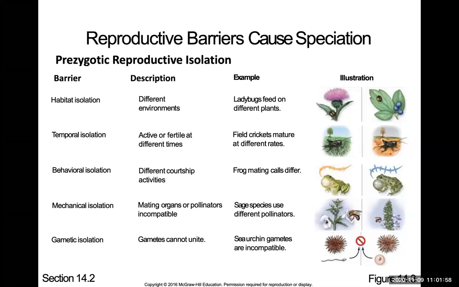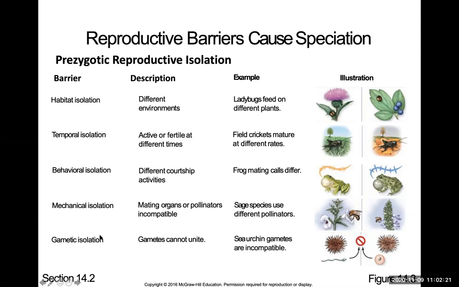So they were evolving together, and they were dependent on each other. Now another wasp species might not be able to pollinate that orchid. So that's mechanical isolation. When organisms depend on each other, other organisms might be incompatible. So say these species use different pollinators here, and then these species use different pollinators.